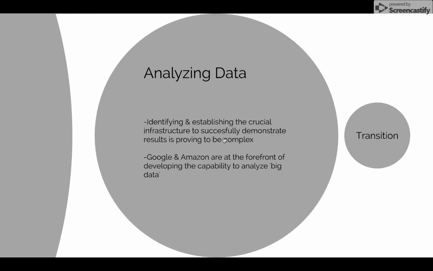Analyzing the data, identifying and establishing the crucial infrastructure to successfully demonstrate the results is very complex. So, everything's got to be all measured the same or transitioned into the same. Google and Amazon are actually at the forefront of developing the capability to analyze big data. Not a surprising fact to me.